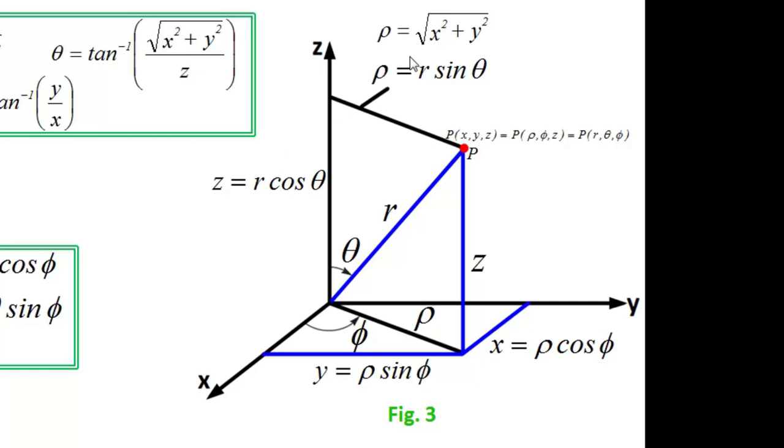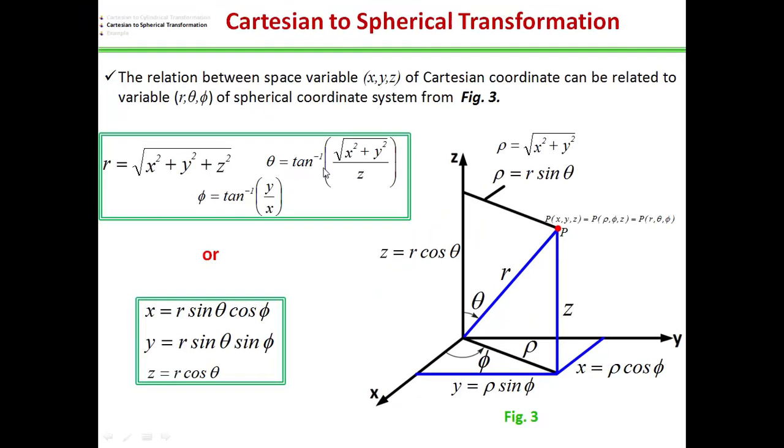And rho we have already calculated, that is the square root of x square plus y square. So theta will be tan inverse of square root of x square plus y square divided by z. Earlier we calculated phi and found phi is equal to tan inverse y by x. Simply dividing the y component by the x component, we find tan phi is equal to y by x. So phi is equal to tan inverse y by x.